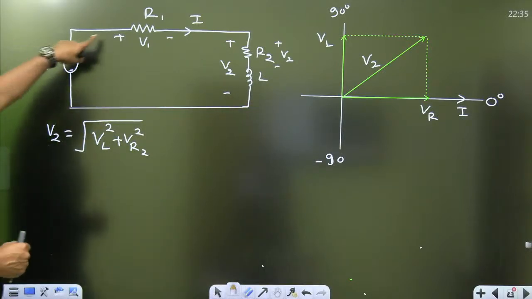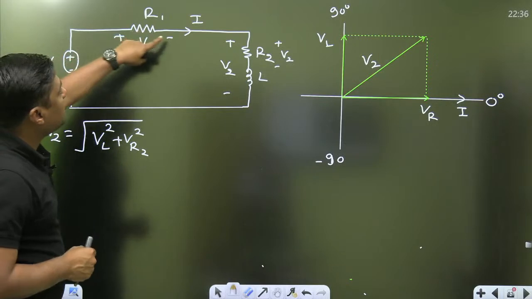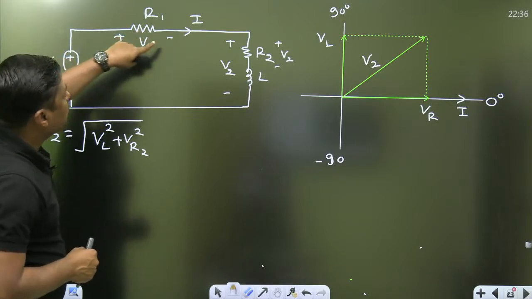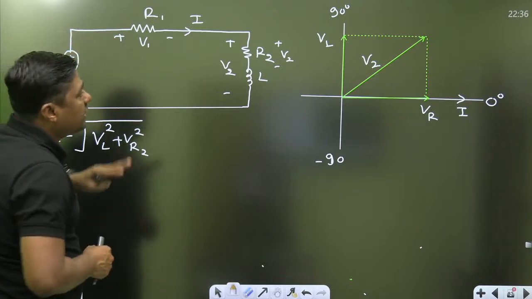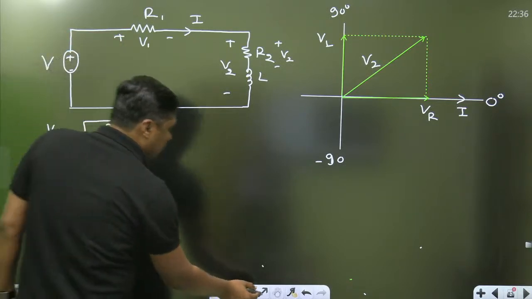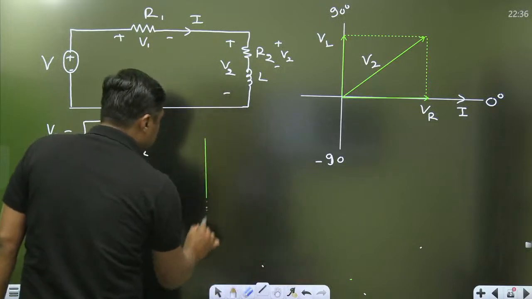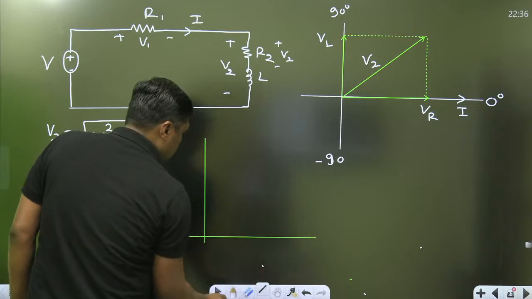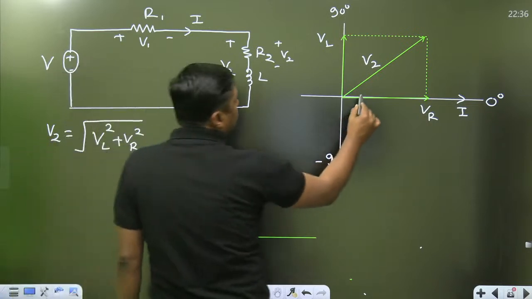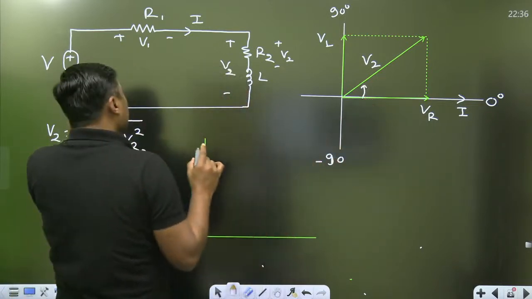Now, what is the V1? Right? If that is the current, try to understand. If it is in the same phase, means what? Once you will get the value of the V2, then watch this diagram. Or you can find also the angle of this. What is the V1?